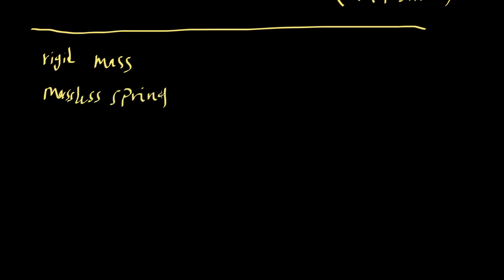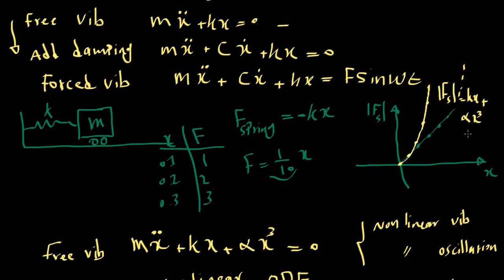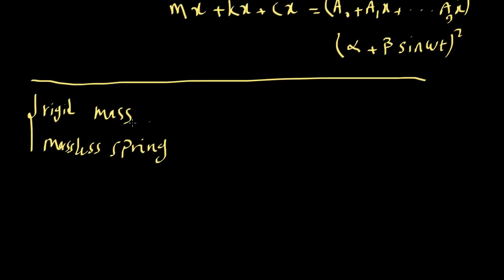But what if you have a system that doesn't have a rigid mass, or you have a spring whose mass you cannot ignore? So far we have assumed that the mass of this particle is much larger than the mass of this spring, so we basically ignore the mass of the spring. But if that's not the case, or if the mass is not rigid, then that assumption is not correct anymore.